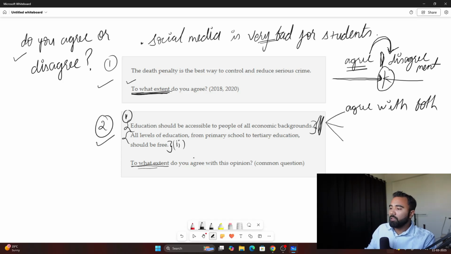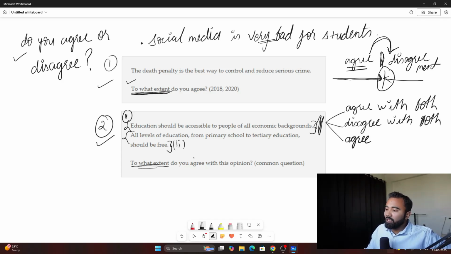Or you disagree with both. This is the second possibility. And third, you agree with one and you disagree with one. So these are the three possibilities that you can choose.